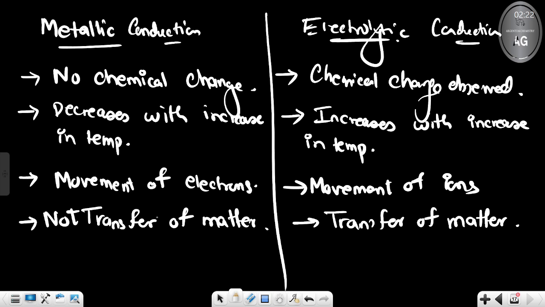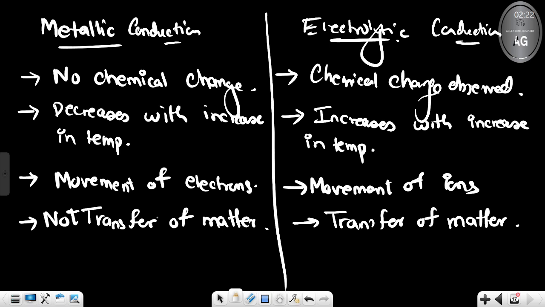Clear? Next. Metallic conductors will show a decrease in conduction if I increase temperature because of increase in the resistance of the wire. But for electrolytic conduction, if I increase temperature, then the ions will be formed more easily, so it will have better conduction. Next, if it is a metal, then it has free electrons, so conduction will be due to movement of free electrons.